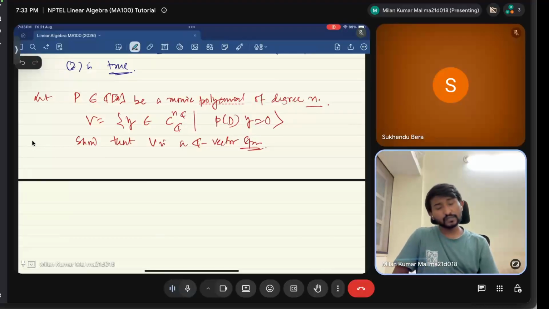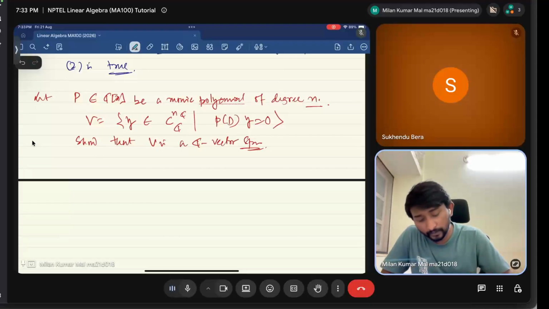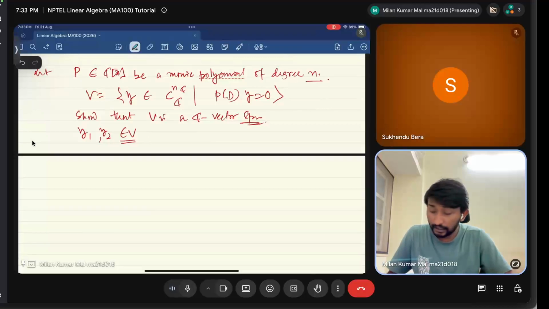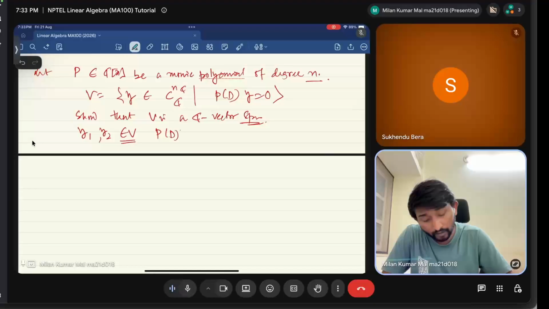First of all, the space of all n times continuously differentiable complex-valued functions is itself a vector space. Now, if you take two elements y1 and y2 from V, then P(D)y1 = 0 and P(D)y2 = 0.